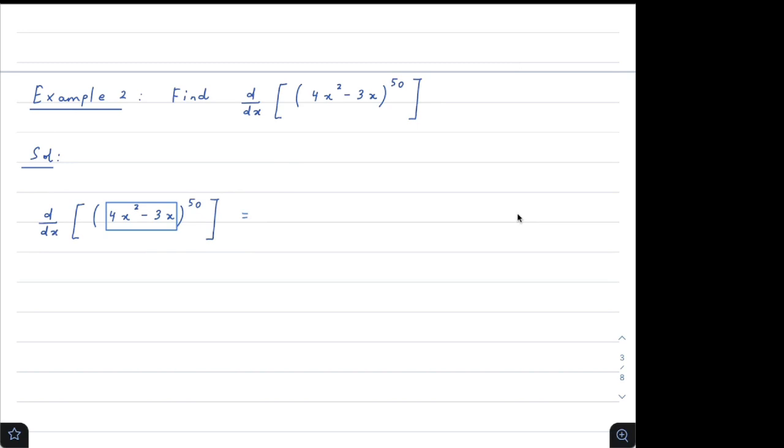Therefore, the derivative will be 50 times the box to the power of 49 times the derivative of this box, which is same as derivative of 4x squared is 8x, derivative of 3x is 3. And that is your answer.